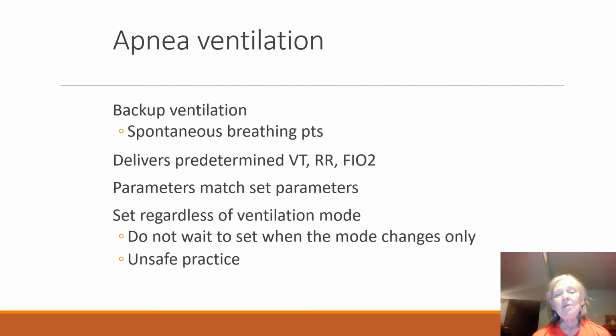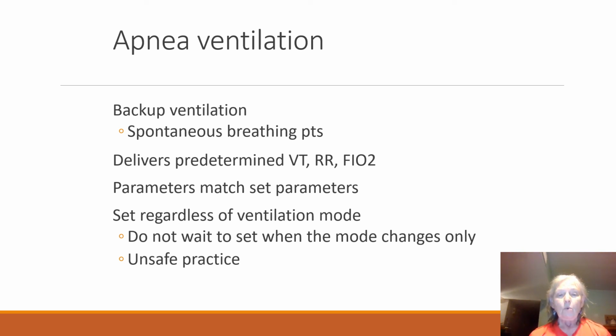So what has to happen then, if you haven't set your apnea parameters, the patient's not going to get any breaths. So when we set these, what we do is we're going to deliver the predetermined tidal volume, respiratory rate, and normally FiO2. One of the fallbacks for FiO2 is if you're setting an apnea parameter, you want to set the FiO2 to 100%.